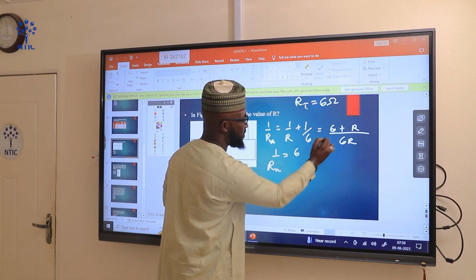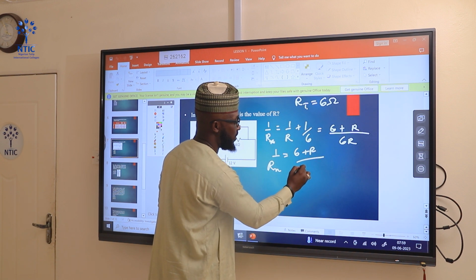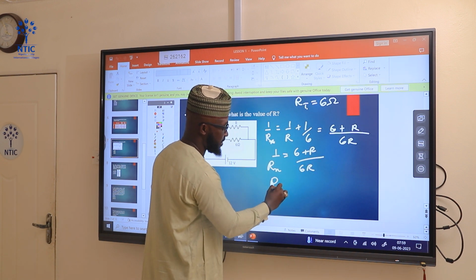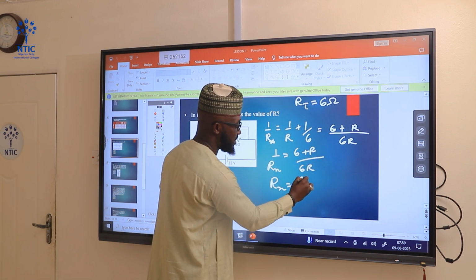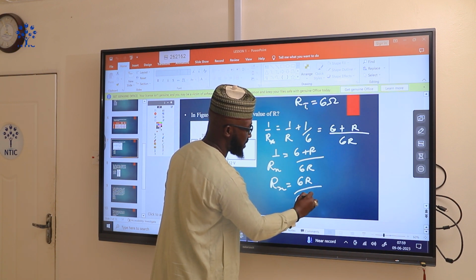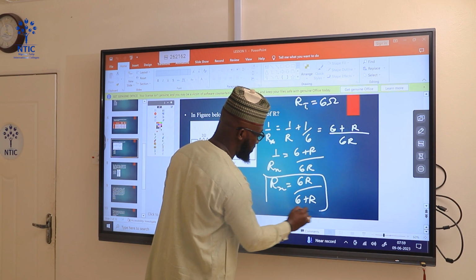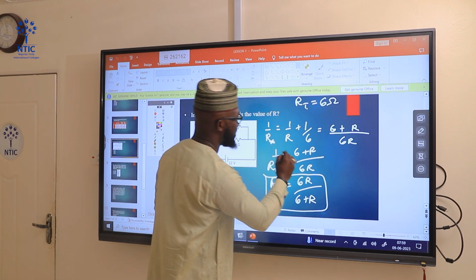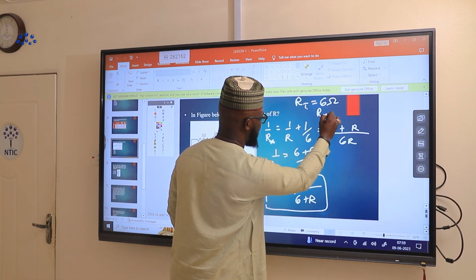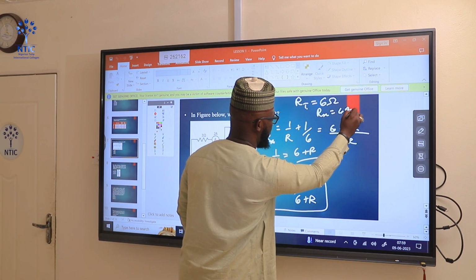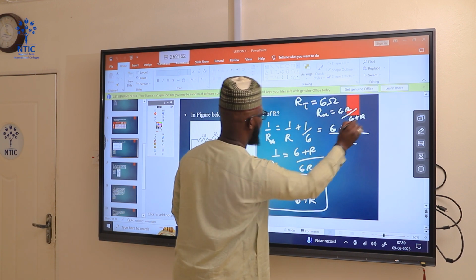This is 6 plus R over 6R. So therefore, Rx will be given to us as 6R over 6 plus R. Now, we are going to keep this aside because we are going to need it. Rx equals 6R over 6 plus R.